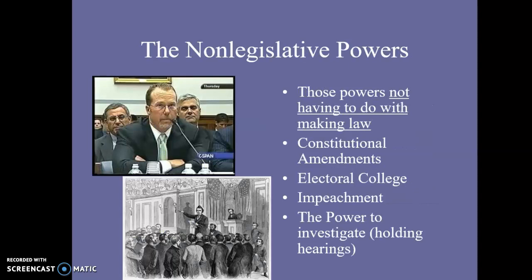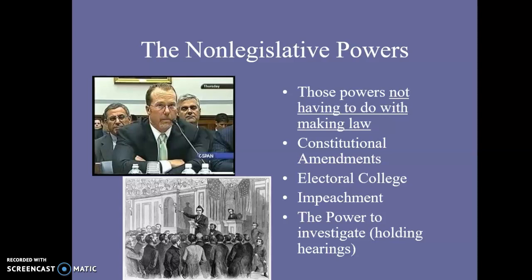Congress's non-legislative powers. These powers, not having to do with making law, are powers in relation to constitutional amendments. You'd need 3/4 of Congress, or 75% of the 535 members in Congress, which is the 435 members of the House and the 100 senators, to ratify an amendment or a change to the U.S. Constitution.